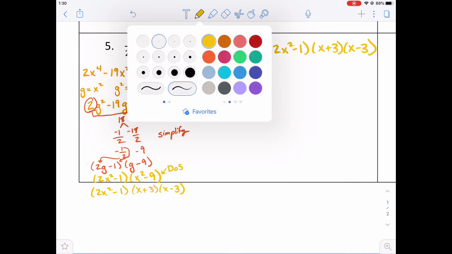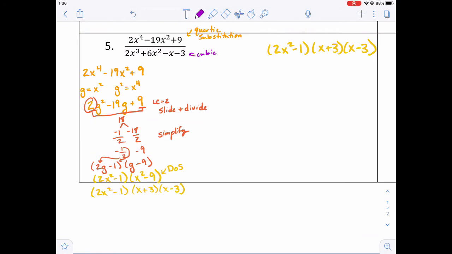Let's do our denominator. So this is cubic. It's got 4 terms. This is grouping. So we're going to group them together: 2x cubed plus 6x squared plus negative x minus 3. In our first group, our GCF is 2x squared.